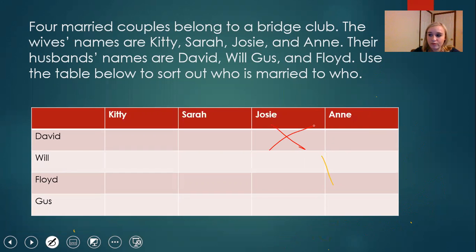And now Josie and Gus, it says that Josie and Gus dated some, but then Gus met his present wife. So that would mean that Josie and Gus are not married. So we can take him out.